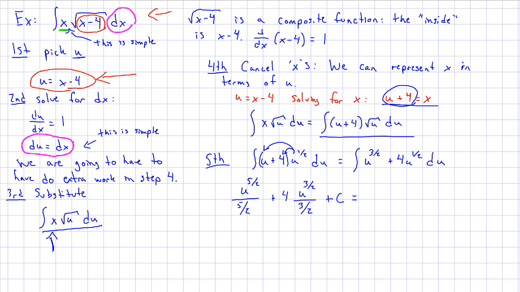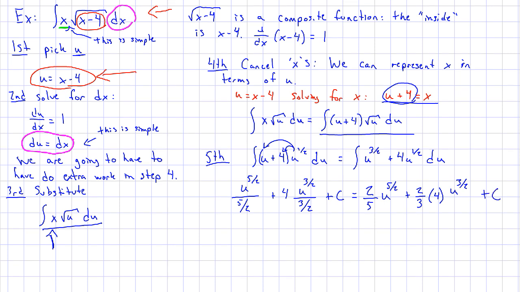We'll clean that up with those coefficients a little bit by multiplying by the reciprocal, copy dot flip, however you choose to remember this, to get those fractions out of the denominator. So I have 2/5 u to the 5/2 plus 2/3 times 4 times u to the 3/2 plus c.